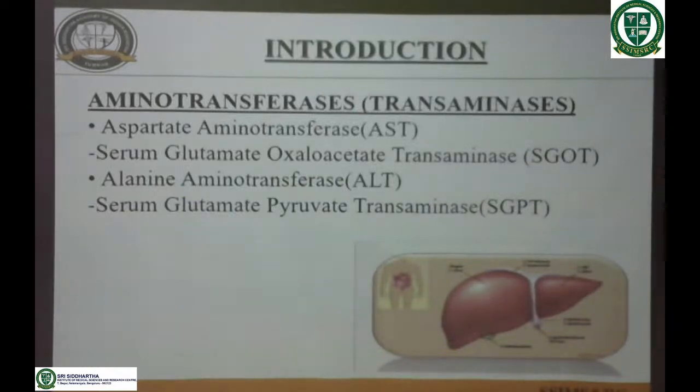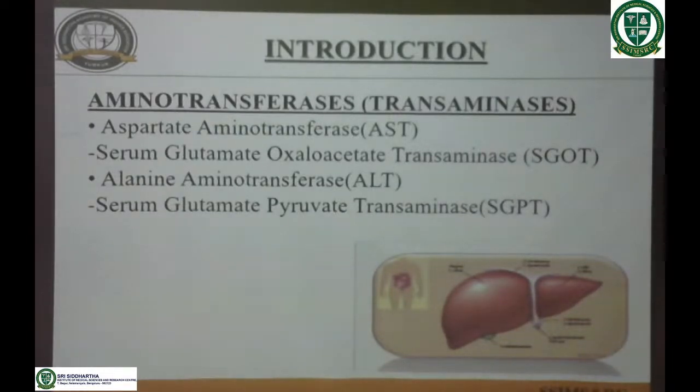So we know that we have various organ function tests, like liver function test and kidney function test, to diagnose various disorders. The liver function tests are classified into different groups based on function, such as excretory function and the production of some enzymes.